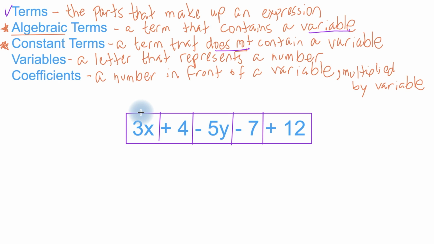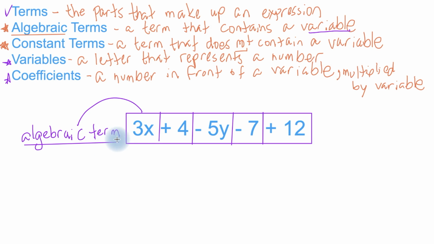Therefore, that is an algebraic term. And since it's an algebraic term, that means it contains a variable and a coefficient. In this algebraic term, the coefficient is the number in the front right before the variable, and the variable is just the letter itself. So my coefficient is 3, and my variable is x.